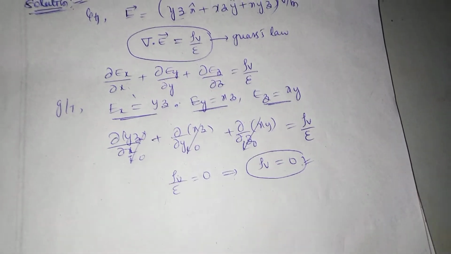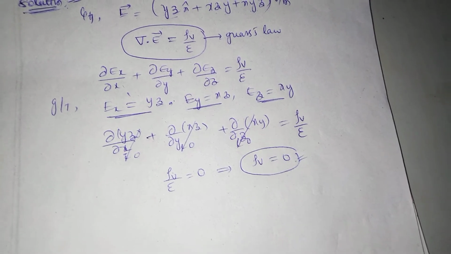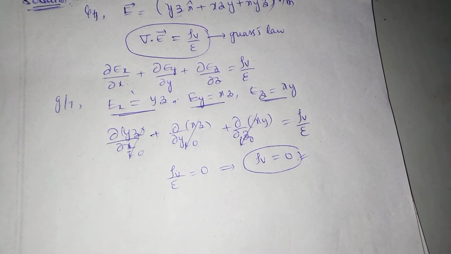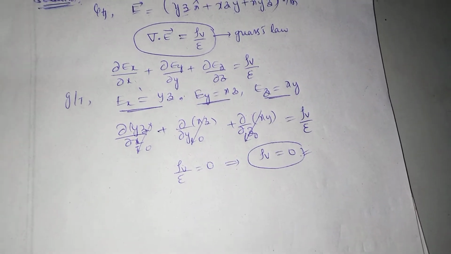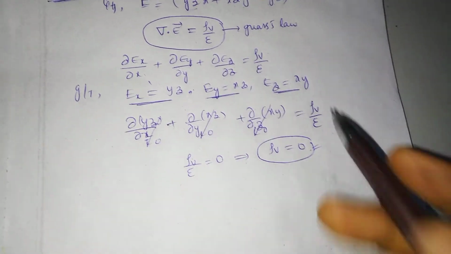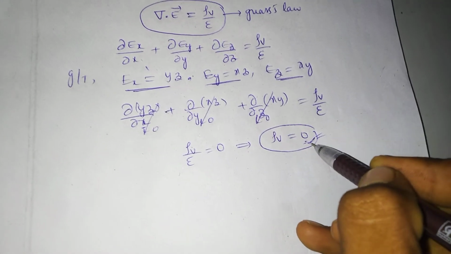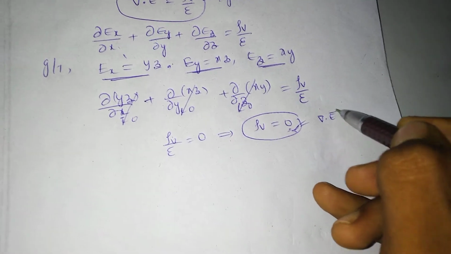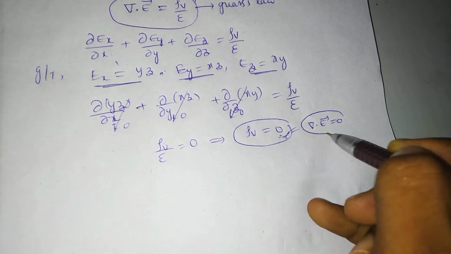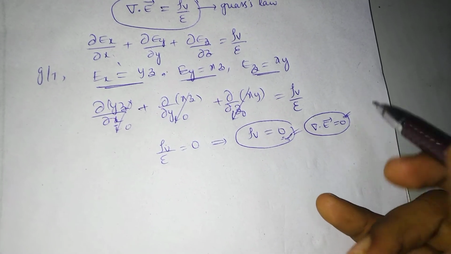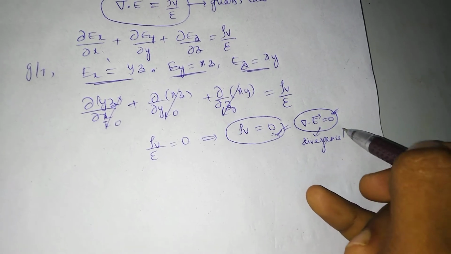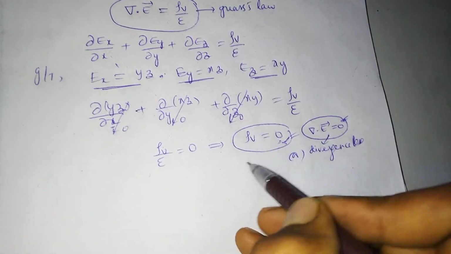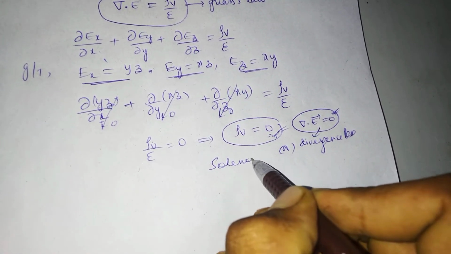The given field is divergenceless, or solenoidal, at any point in space, hence rho v equals 0 at any point in space. So I have to say that rho v equals 0 when the divergence of the electric field equals 0. This means the field is divergenceless, or simply solenoidal.